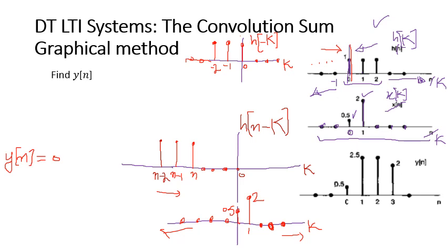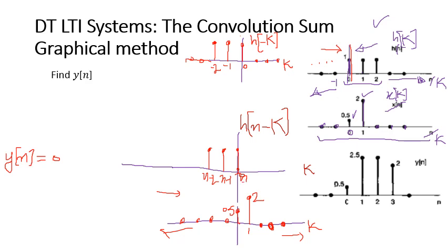So if I plot the signal again, I have shifted the signal this way. Now if you look at this one, this is n, and if you see its index, it's at position 0.